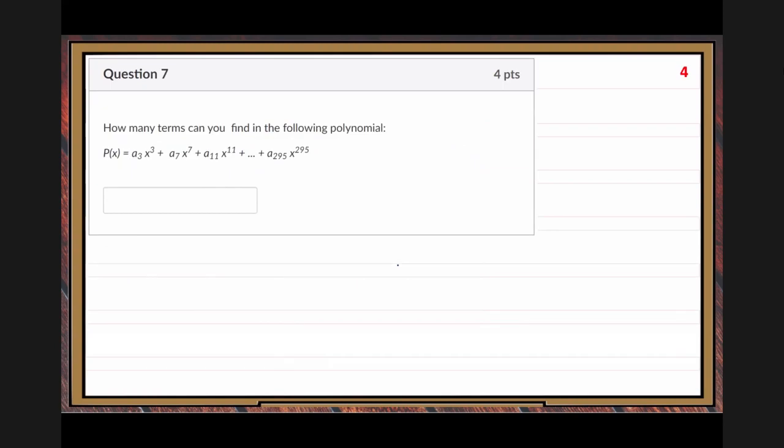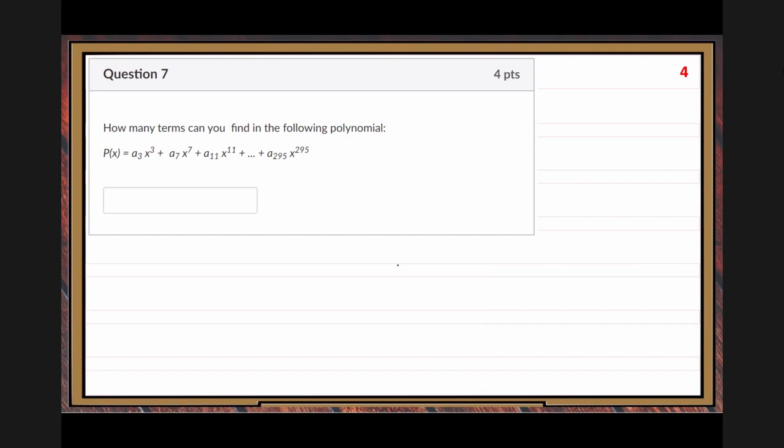How many terms can you find in the following polynomial? Here the terms are not given using consecutive exponent numbers or subscripts, but we need to figure out the rules.